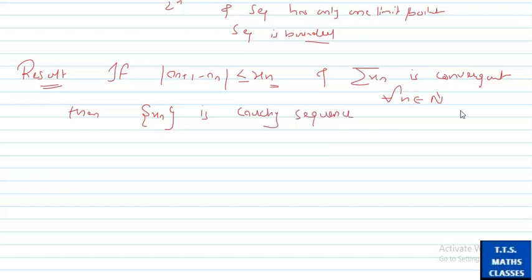And we very well know every Cauchy sequence is also convergent, so an is also a convergent sequence. This is the particular result.